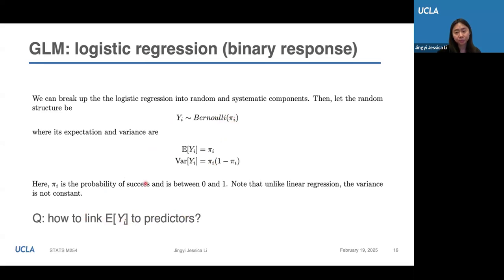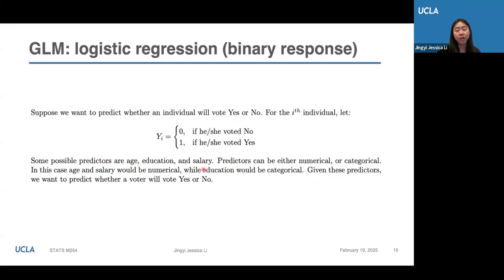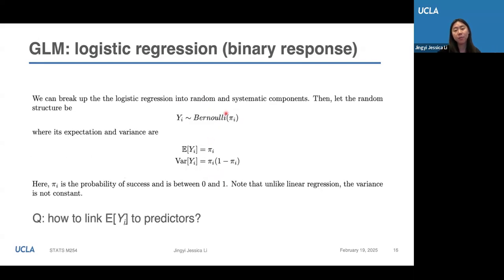So here, again, to summarize, the random structure describes the discrepancy between the observed response yi and the expectation pi I. And we know for a Bernoulli random variable, there is a property about its expectation, pi I: its variance is pi I times 1 minus pi I. So in other words, given a person's age, education, salary, we assume that this person has a probability pi I of voting a 1.